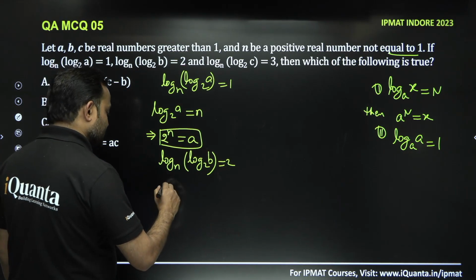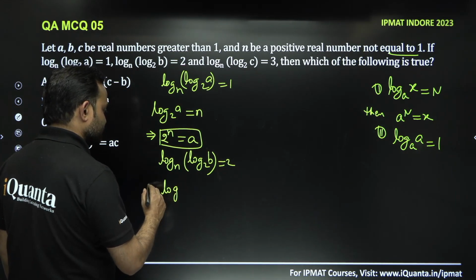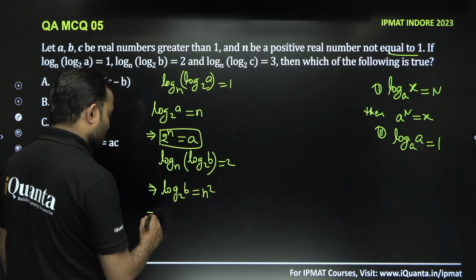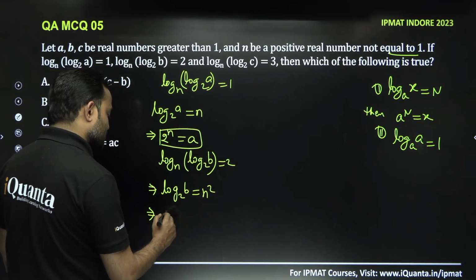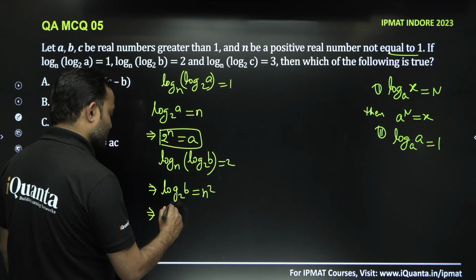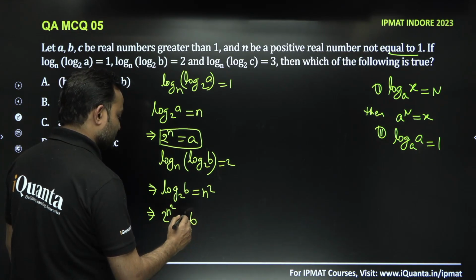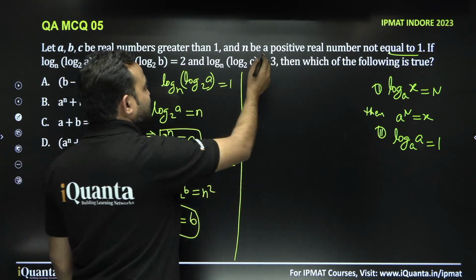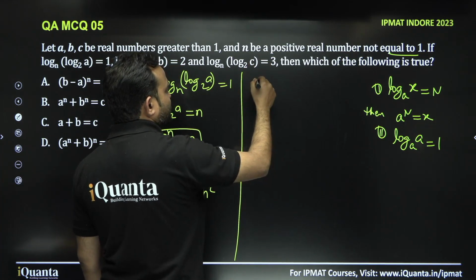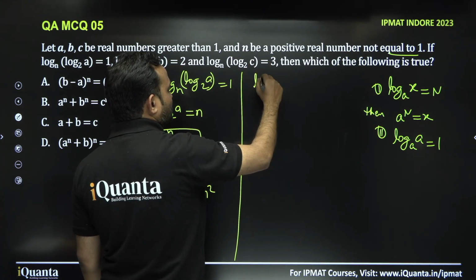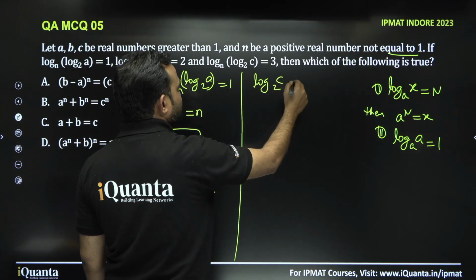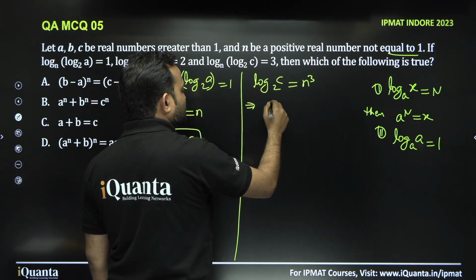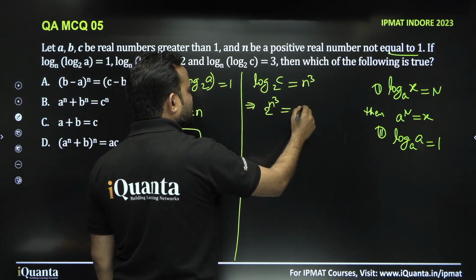So can we say that log b base 2 is equal to n square, or now we can say 2 to the power n square is equal to b. So one more result. Similarly, if we take this reason, we can say log c to the base 2 is equal to n cube, or we can say 2 to the power n cube is equal to c.